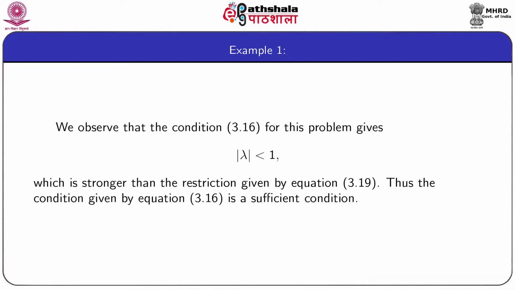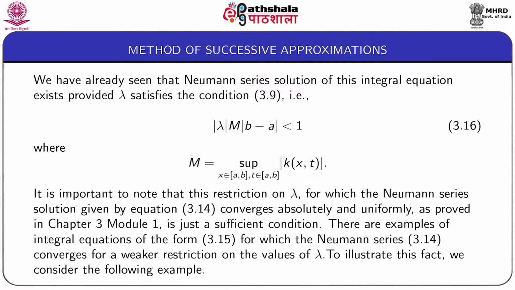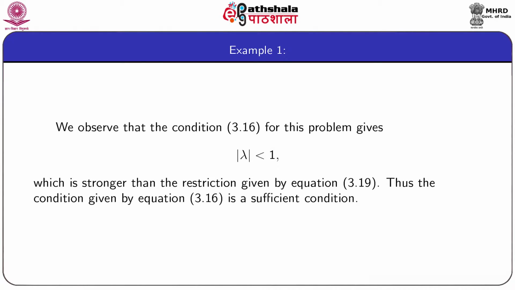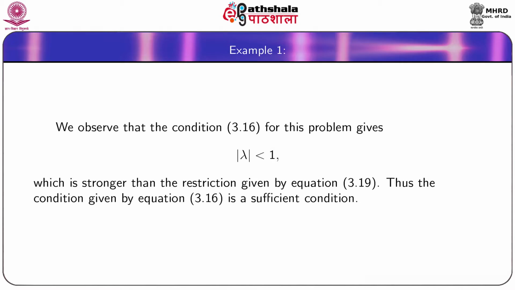Now, we observe that the condition 3.16, that means mod lambda into capital M into (b minus a) less than 1, if I calculate the value of lambda from this condition, we get that mod lambda should be less than 1.